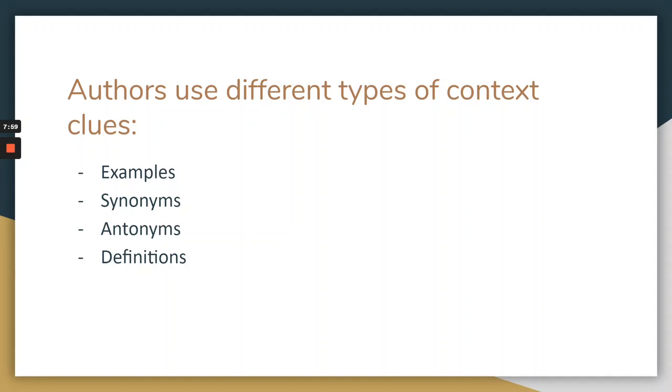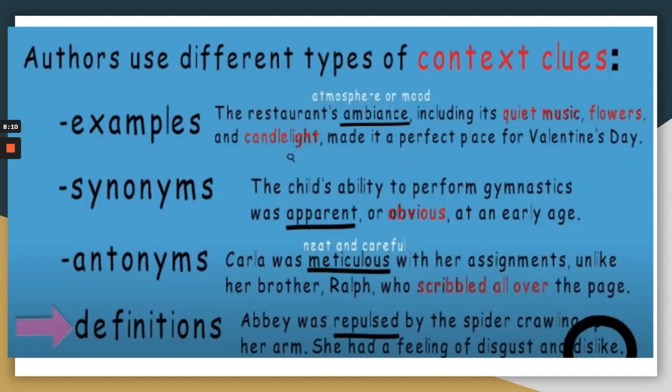One of the different types is examples. A second type is synonyms. Third, antonyms, and fourth, definitions. Authors might use examples, synonyms, antonyms, or even definitions.